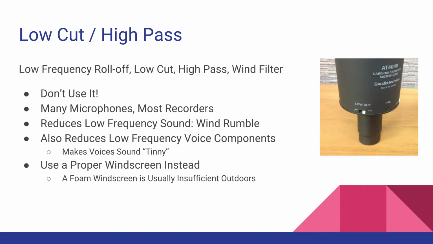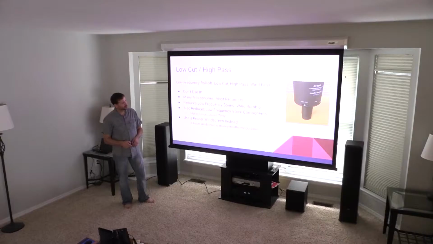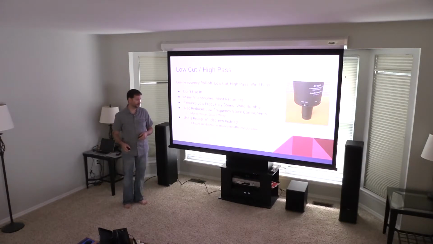So you're going to have a lot of microphones that have a little switch on it that's labeled low cut or high pass or something like that. There's typically a function on your recorder that has that also. The advertised purpose of this is to reduce wind rumble. When the wind hits the microphone, try to remember to mention that when we do hands-on, you guys can hear what it sounds like.